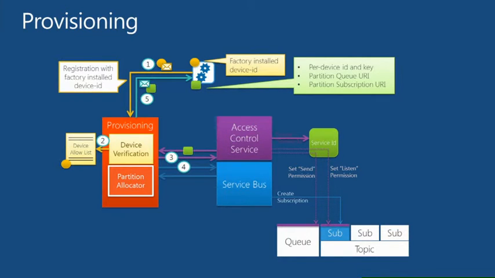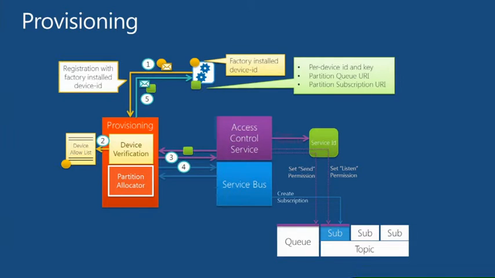And it will then go and walk up to the access control service, create a new service identity. It creates an ID for that device. We'll come back, we'll go to Service Bus, create a subscription, the mailbox for the device, and we'll then walk back up to ACS, and we'll secure it. We'll set the send permission onto the queue so that the device can send data into the system or onto the topic.